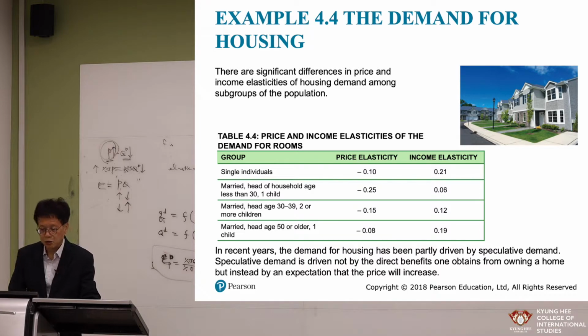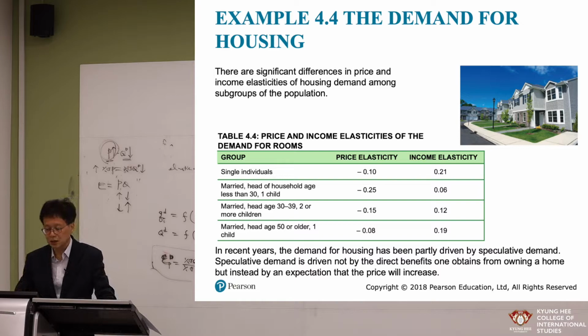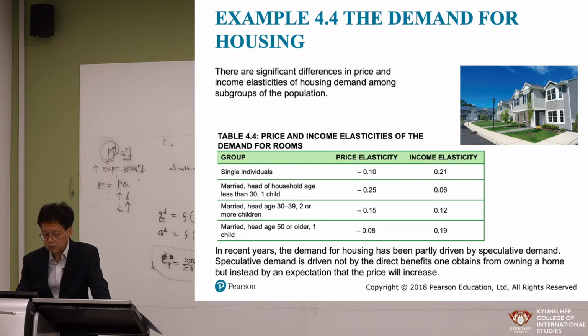The demand for housing. There are significant differences in price and income elasticity of housing demand among subgroups of a population, right? That is US example 2. So what happened? The groups are: single individual, married head of household age less than 30 with one child, married head age 30 to 39 with two or more children, married head age 50 or older with one child, like this.